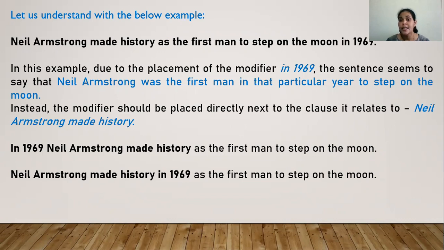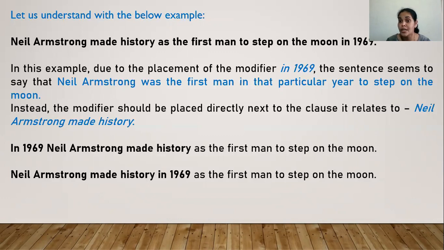Here, 1969, if it is the modifier for this sentence, it is placed wrongly. It reads as though in the year 1969, he is the first man to step on the moon. So that is the meaning it has conveyed.